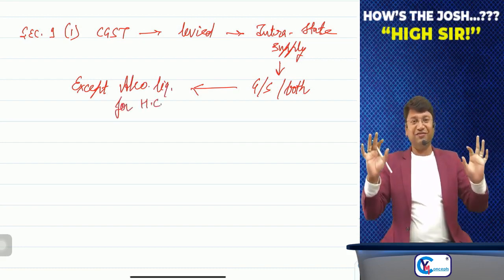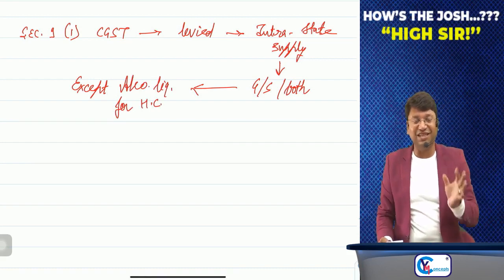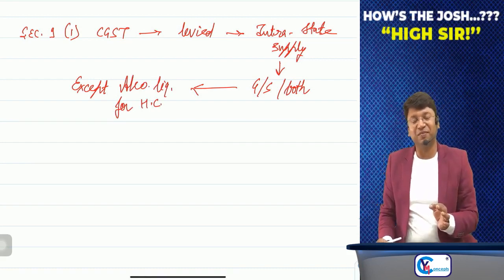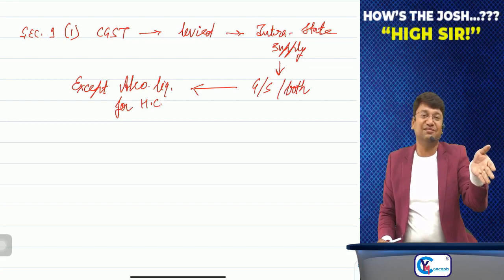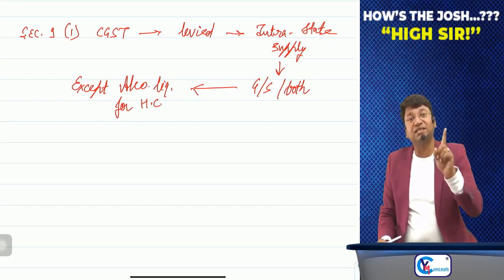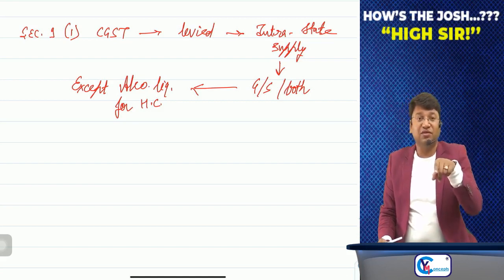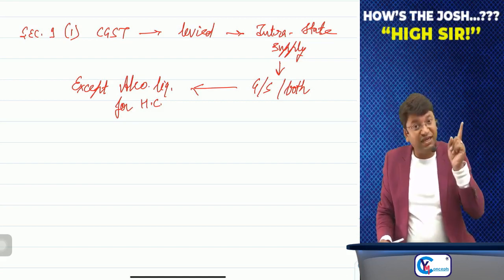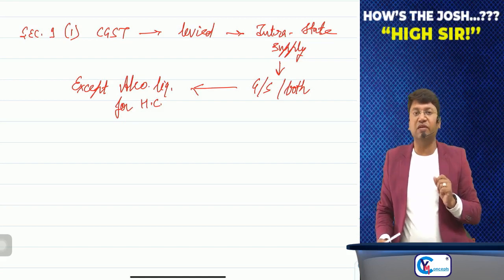Alcohol, liquor for human consumption is kept out of GST because pre-GST, on sale of alcohol VAT was levied, plus on manufacture of alcohol state excise duty was levied; central excise duty was not levied.